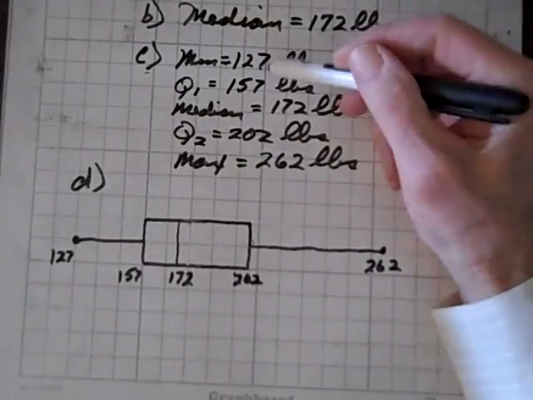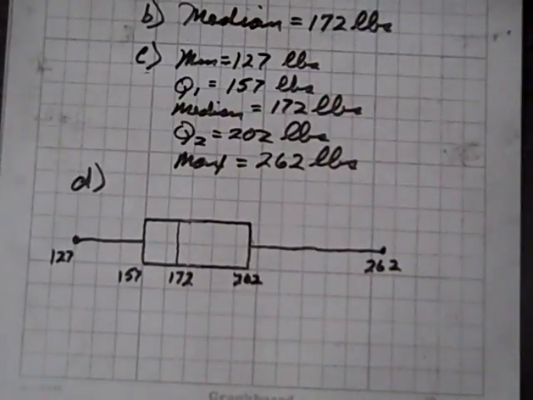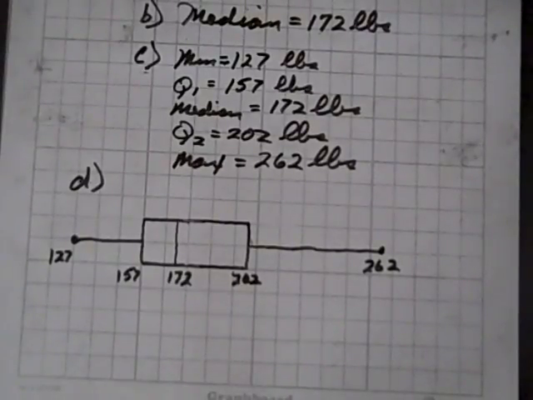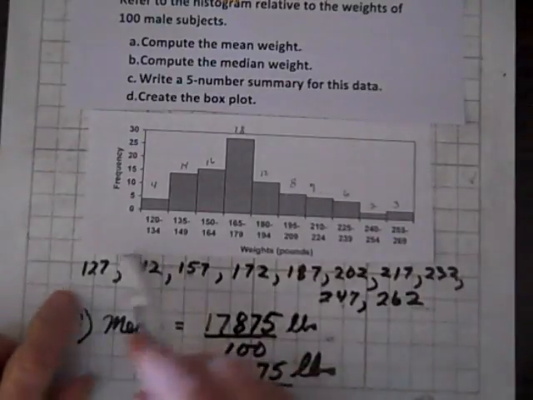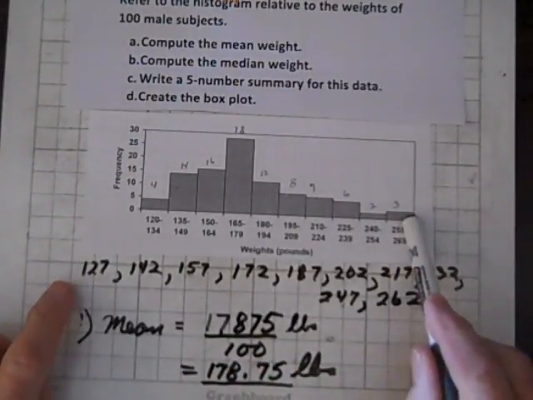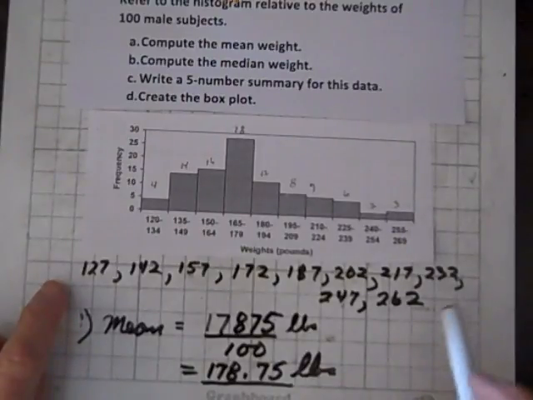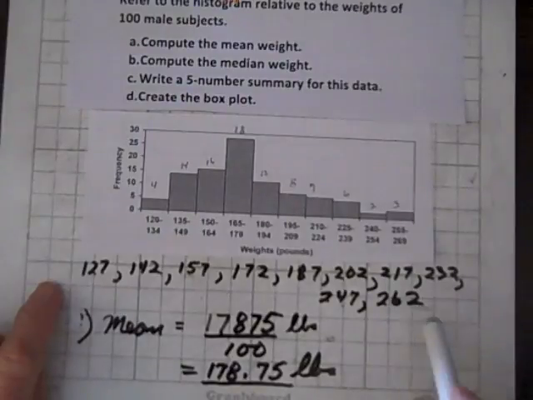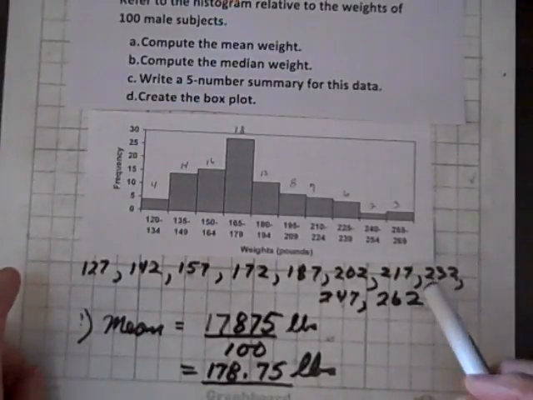Now the minimum is 127 pounds, taking that average. The maximum for the upper interval is 262 pounds. So that's my maximum.